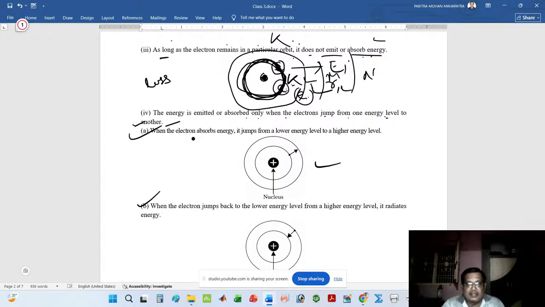When an electron gains some energy from the outside, it jumps from a lower energy level to a higher energy level. This is your K cell, this is your L cell. K cell is the lowest energy level, and it jumps to the higher energy level, the L cell. Depending on the energy, it can also jump to the next cell, the M cell, or the N cell.